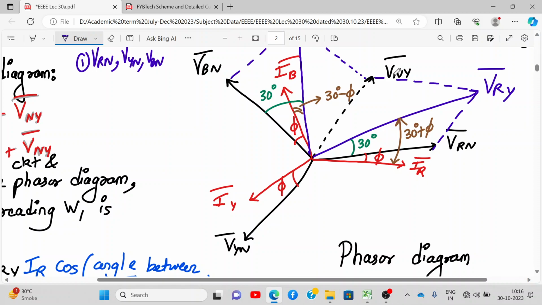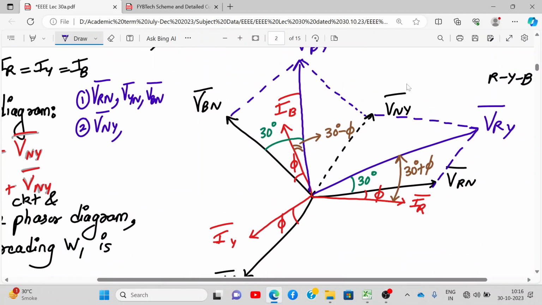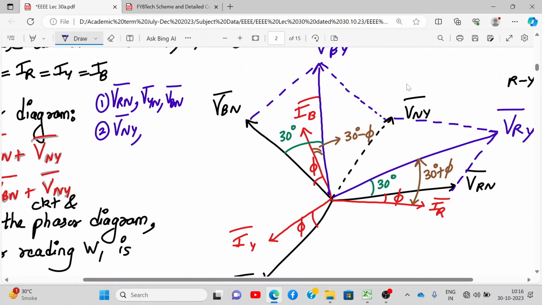So draw the mirror image VNY. So second step is draw the mirror of VYN, which is VNY. All these are vectors. Do you require any other mirror image? No, basically not required.